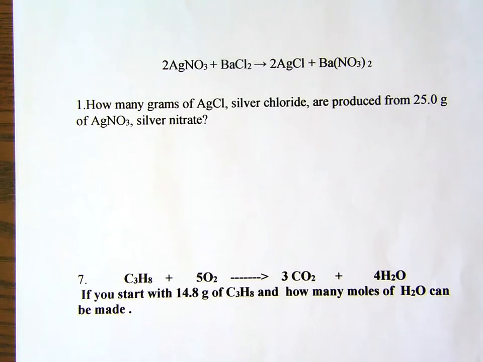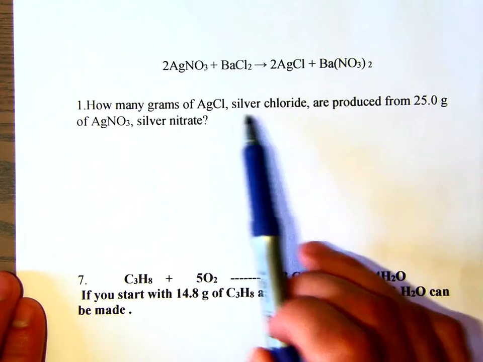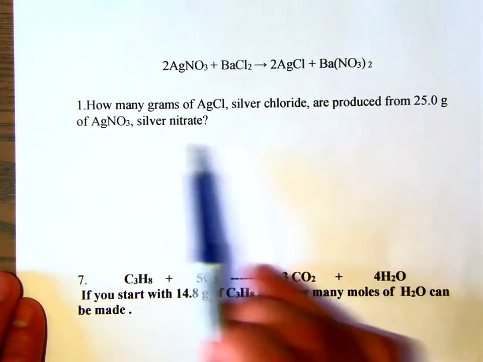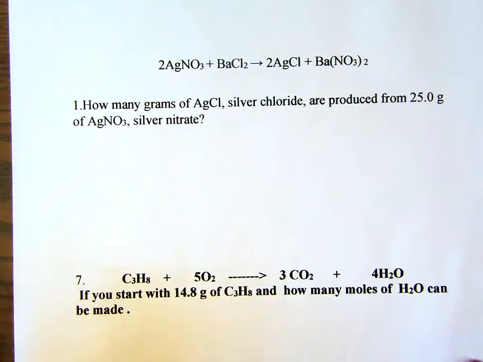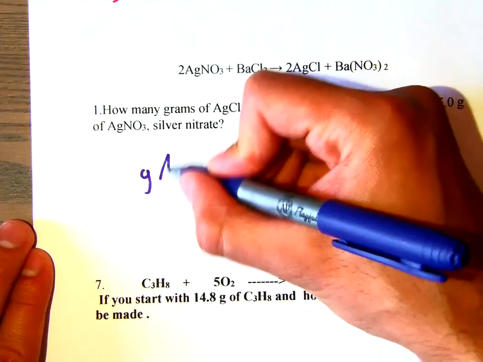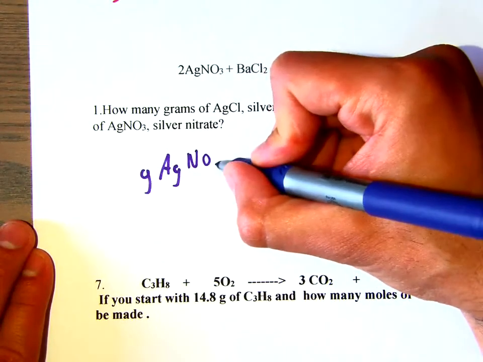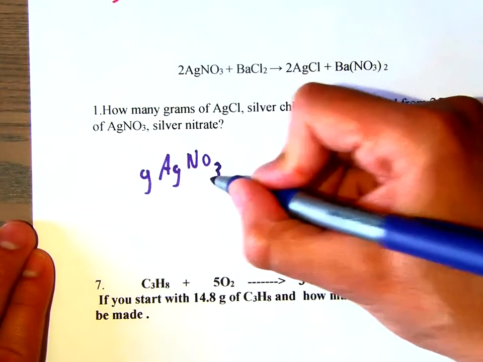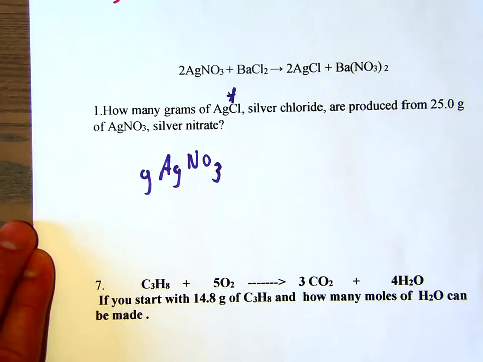Okay, let's go over these last two mapping problems. So this one's asking us, how many grams of AgCl, silver chloride, are produced from 25 grams of AgNO3, okay, silver nitrate? So again, we're just mapping it out. So we're starting with grams of AgNO3 but we want grams of AgCl.